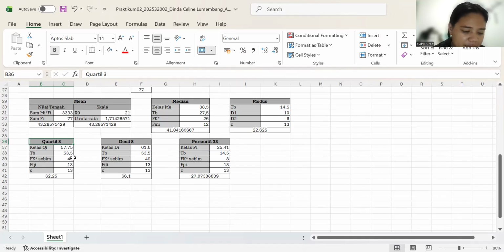We then find its lower edge by subtracting 0.5 from the lower limit of the determined class. The final value is calculated by adding the lower edge to the difference between the quartile class position and the cumulative frequency before it, divided by the class frequency and multiplied by the class width.